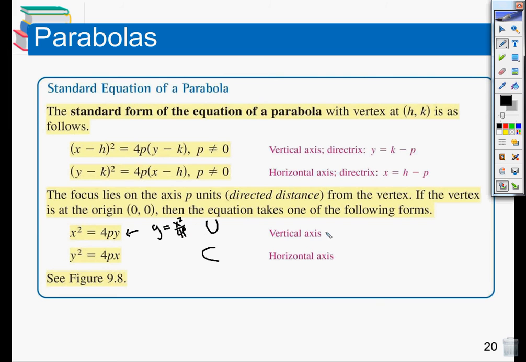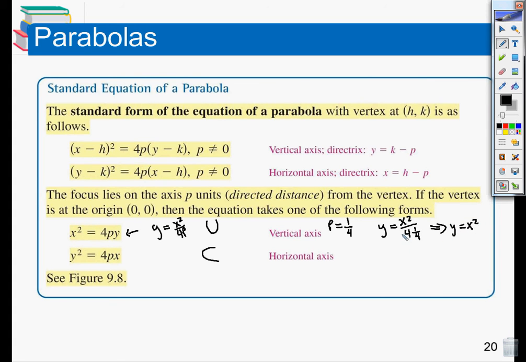In this case, if I was just looking for y equals x squared, that p-value would have to equal 1/4, meaning that the focus will be 1/4 unit away from the vertex. So that would make the equation y equals x squared over 4p, or 4 times a fourth, which would just be 1, which translates to y equals x squared.